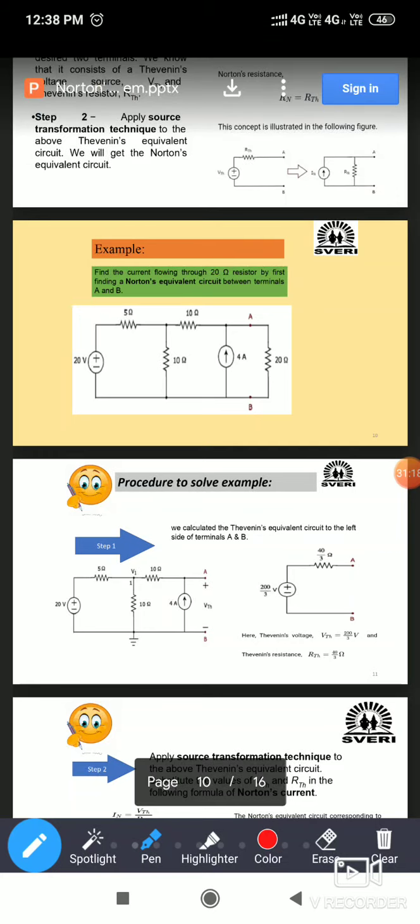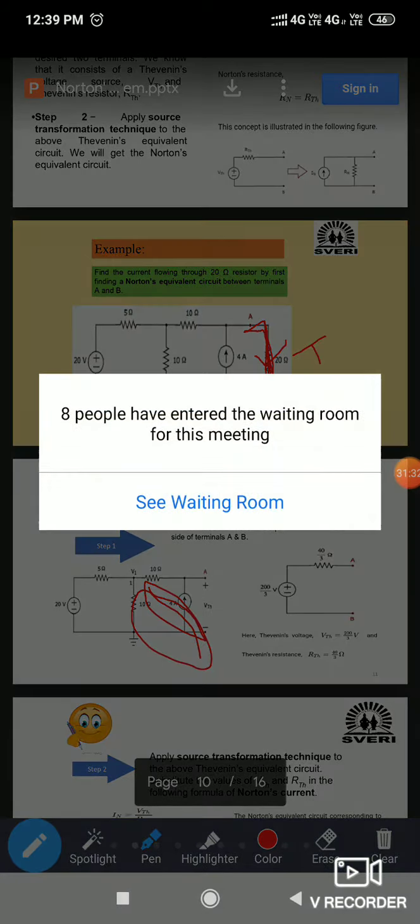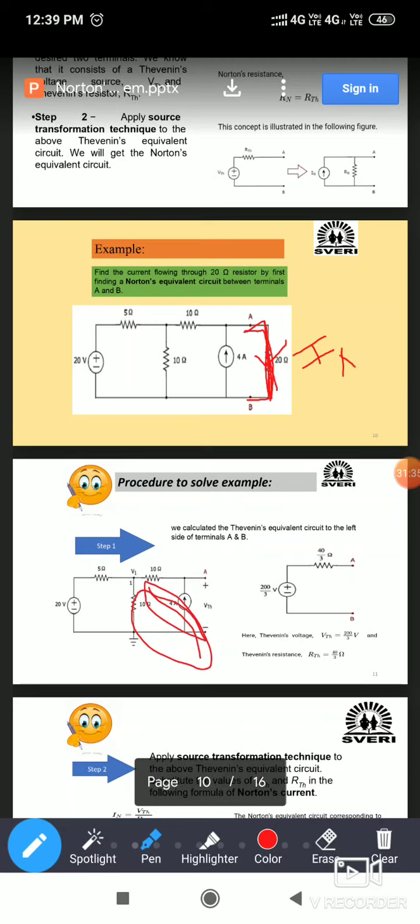So here a 20-volt source is there, 5 ohm, 10 ohm, 10 ohm will be there. So when you are finding the short circuit current, you can short this terminal. Okay, you can short this terminal A and B, and that current is known as IN.